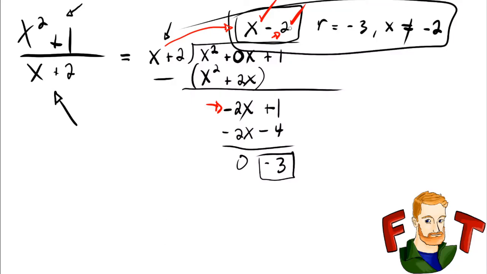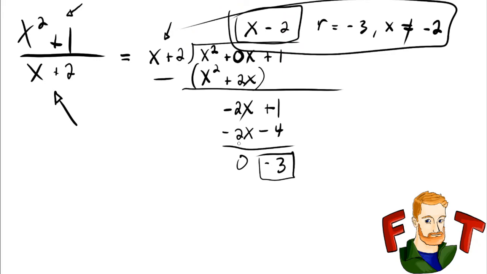So negative 2 times x plus 2, man, you can tell I'm struggling here. So negative 2 times x plus 2 is negative 2x minus 4. So that's correct. This is also correct because we dropped the 1. Okay, so far, everything's looking correct.